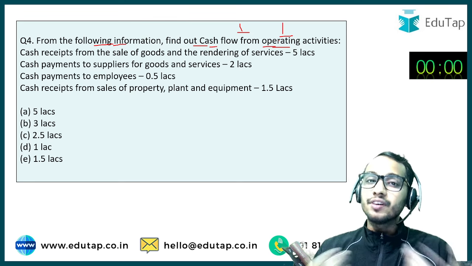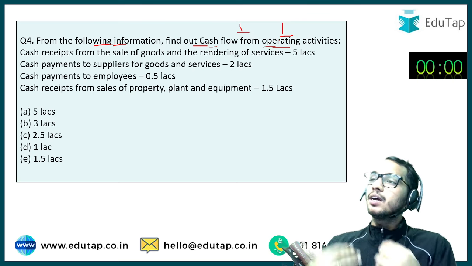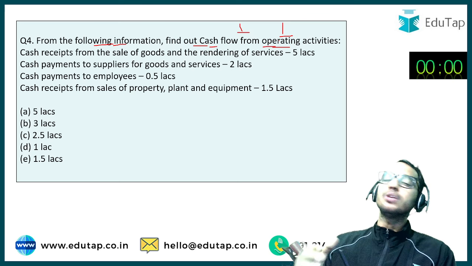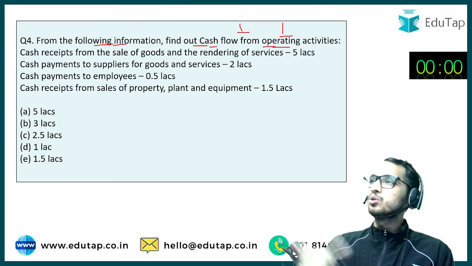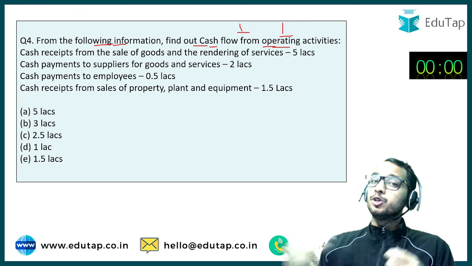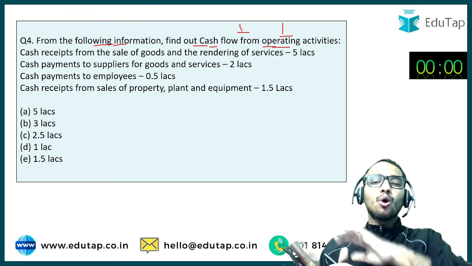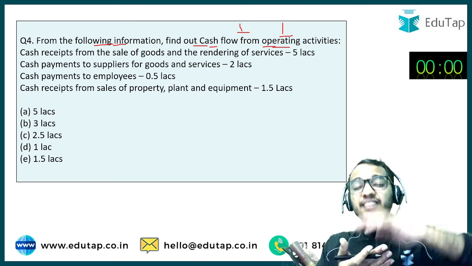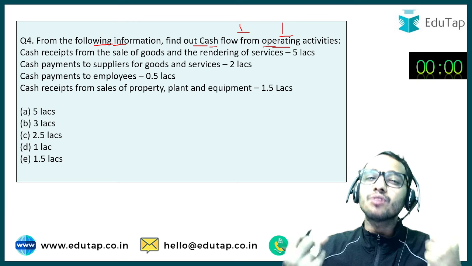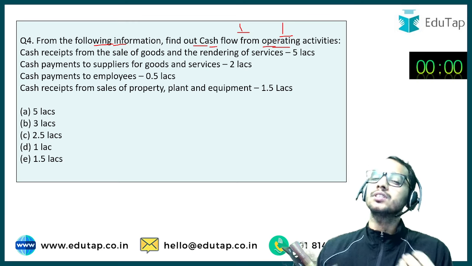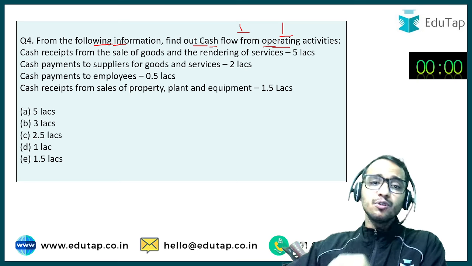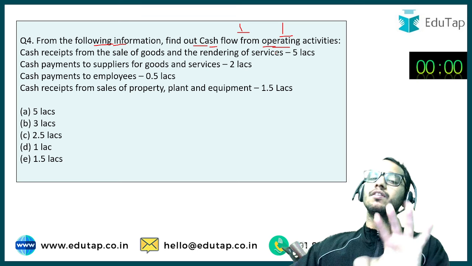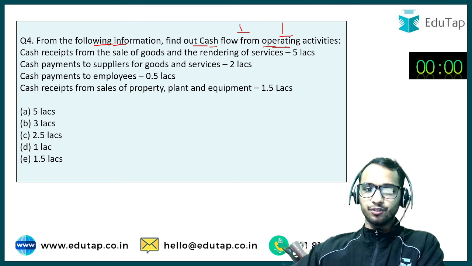You need funds in your company, and for that you issue equity shares, you issue debentures, you take a bank loan. All these will be included in financing, because you are generating your funds. So they will be included in the financing cash flows.